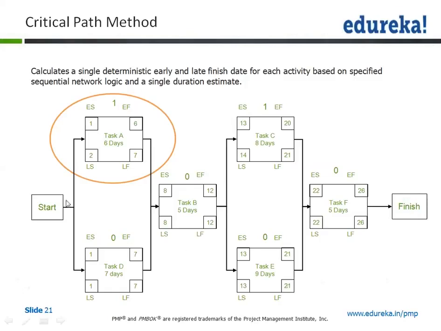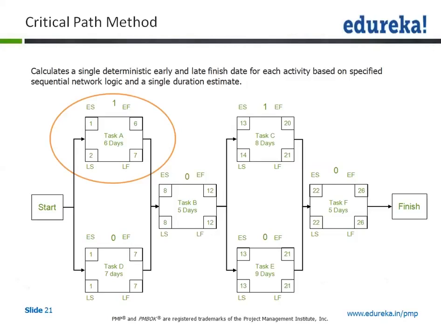So that means we'll start with the first activity here, the first task, and we'll reach the last activity which is called finish. The ES stands for early start, EF stands for early finish, LS stands for late start, and LF stands for late finish.